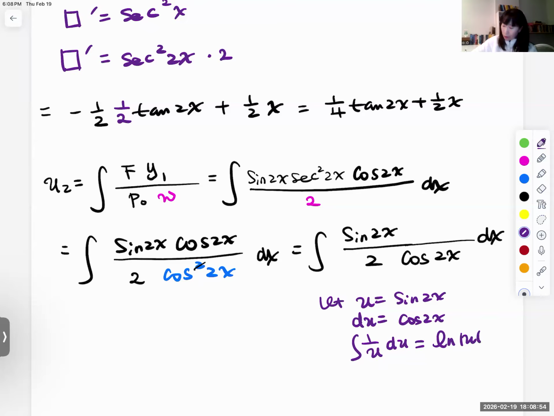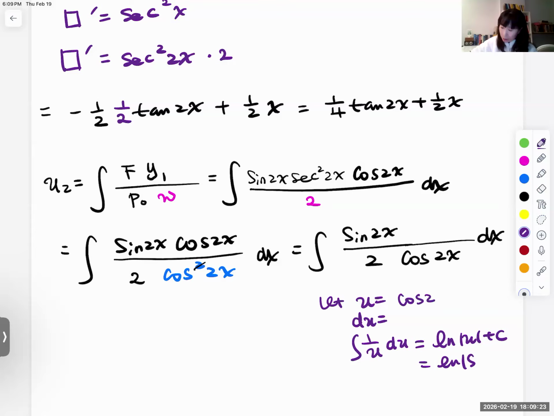Natural log of u plus c. No, wait a minute. I'm rushing, sorry. So u equal to cosine 2x, yeah.